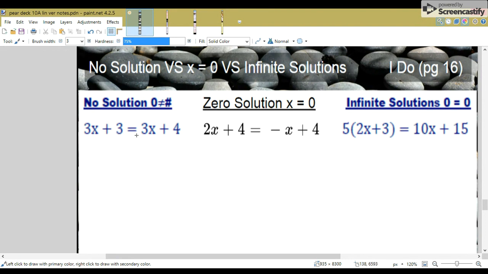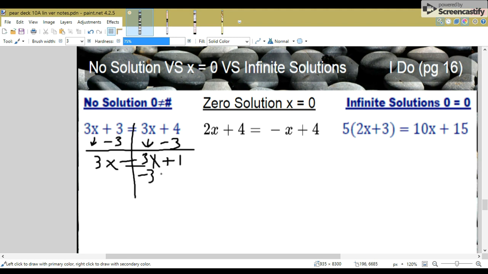3x plus 3 equals 3x plus 4. First, let's go ahead and subtract 3. Bring down the other terms. 3x equals 3x plus 1.